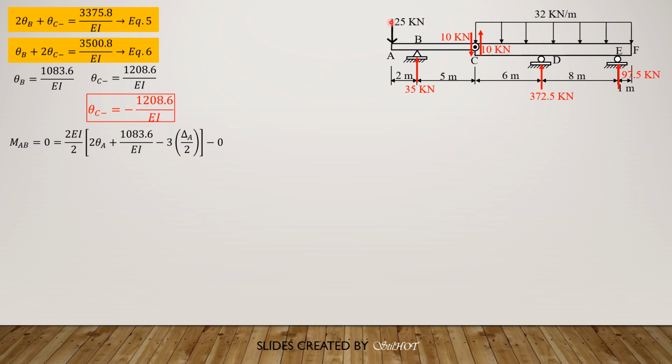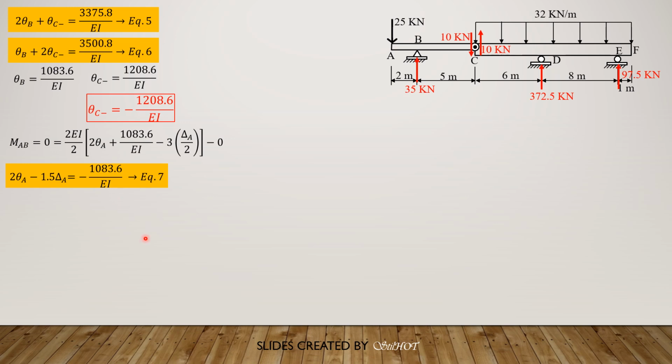Then let's assume that A is above, so that the rotation of the chord joining AB is clockwise again. So that delta A is treated positive, so minus 3 times delta A over L, 2. Because there's no load in between A and B, imagine that A and B are fixed ends, so that's why there's no fixed moment. So that, simplifying, 2 theta A minus 1.5 of delta A equals negative 1083.6 over EI.